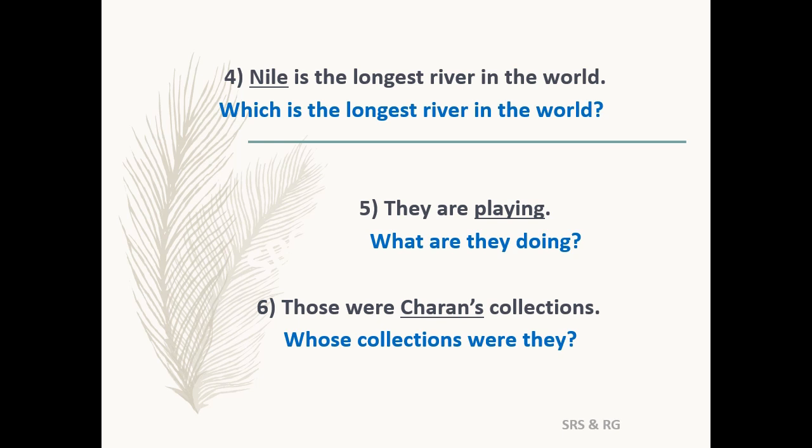After that, the auxiliary verb were, then they. Whose collections were they? So we must keep in mind the structure of a WH question, and whenever whose comes, after that the subject will be added.